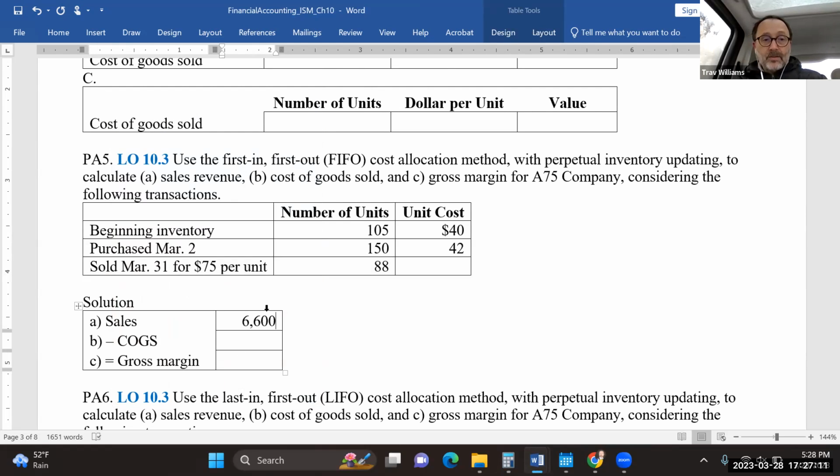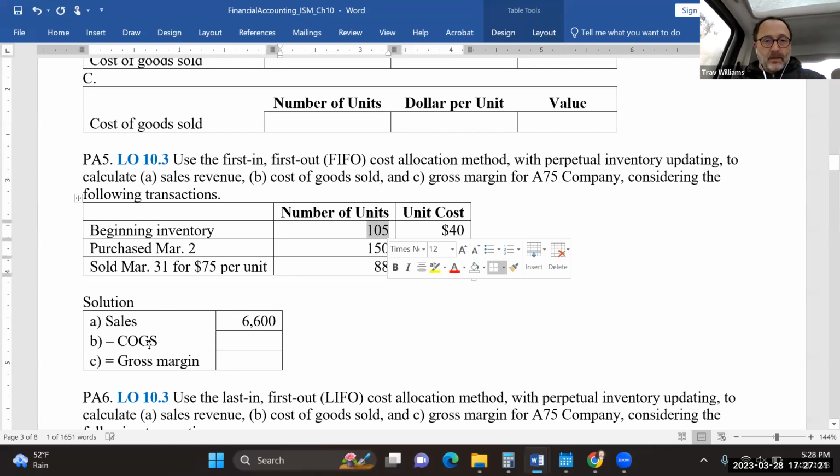Now, cost of goods sold, well, let's see, they had 105. Actually, all we have to do here is think about which cost we are using. The first lot had a $40 cost per unit. The second lot had 42.